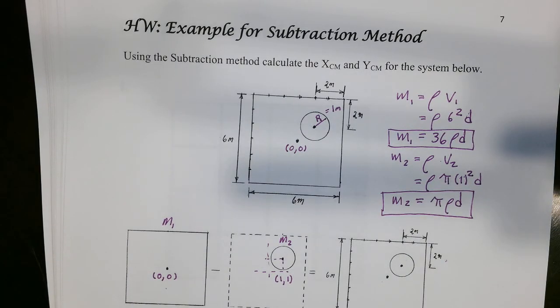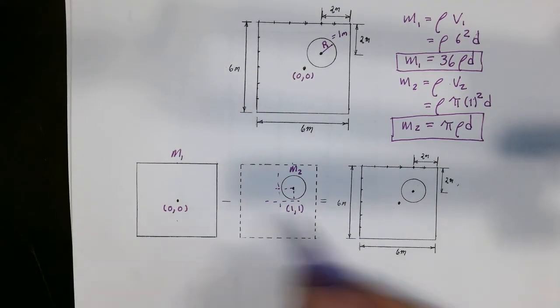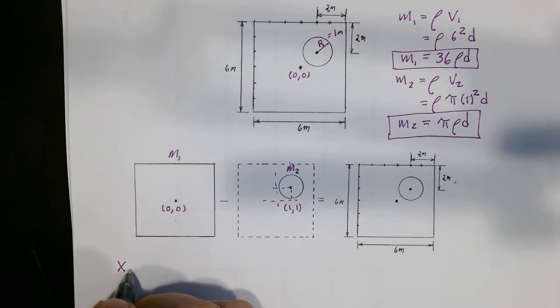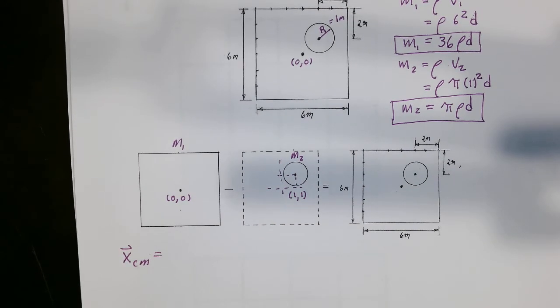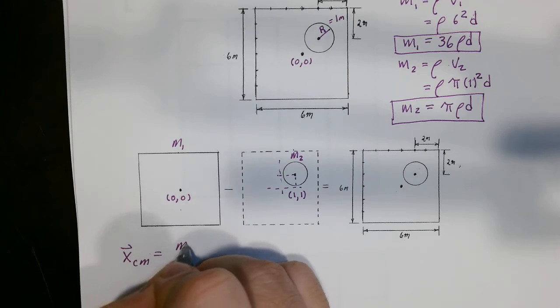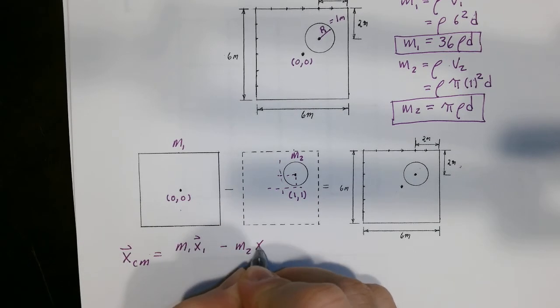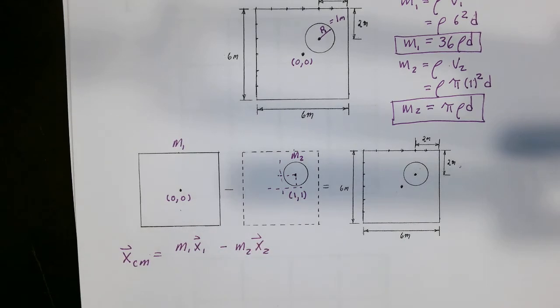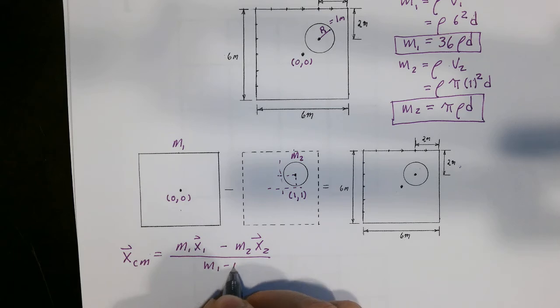All right. So let's take a look at the x direction first. The center of mass in the x direction is equal to m1 x1 minus m2 x2, divided by m1 minus m2.